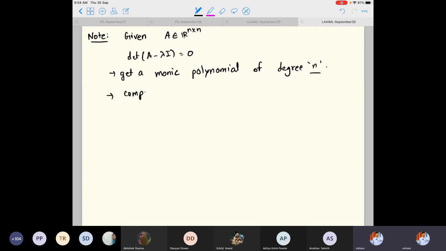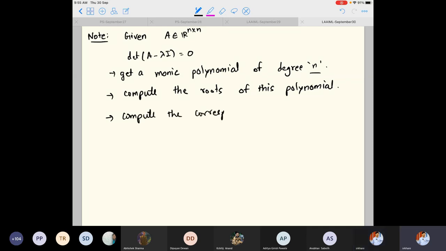Then compute the roots of this polynomial. And once you compute the roots, compute the corresponding null spaces, the corresponding eigenvectors, right? That is what you will do.